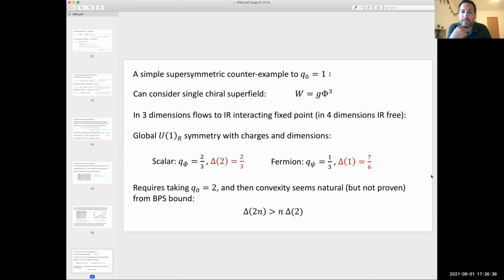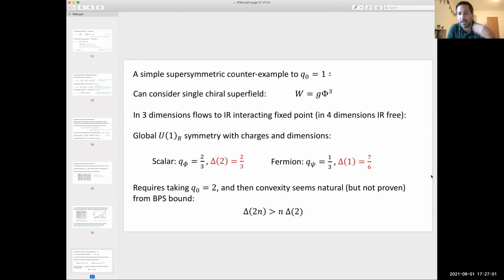Since it's BPS, the dimension of it in 3 dimensions is exactly equal to its charge. We can normalize the charge to be an integer, to match our formulation of the conjecture, by multiplying it by 3. And so we see that the dimension of the charge 2 operator is 2/3. But we can also look at a fermion in the multiplet, and the U(1)_R charge of the fermion is 1/3.